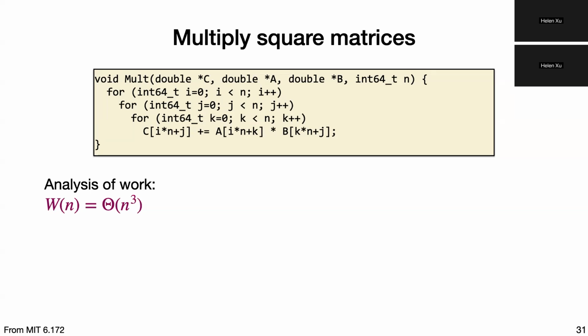Each entry in C is a dot product between one row of A and one column of B. k is how the column dimension moves in B, and how the row dimension moves in A, like moving horizontally in A and vertically in B. And the work is n cubed because there are 3 nested for loops and each one has length n. That part is just the same as it was when we were doing work-span.